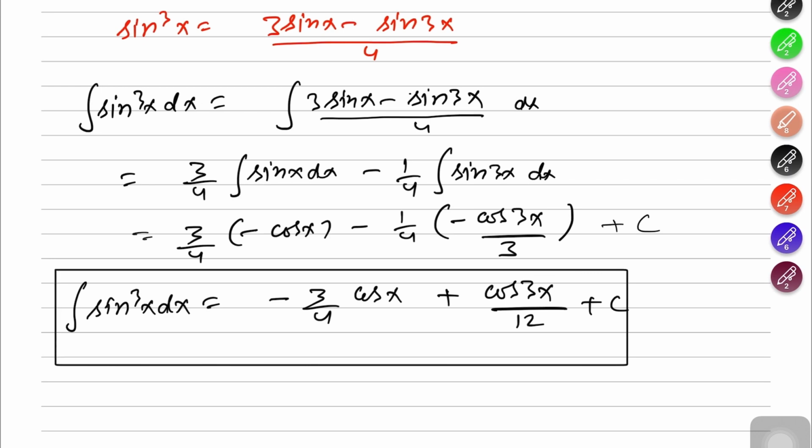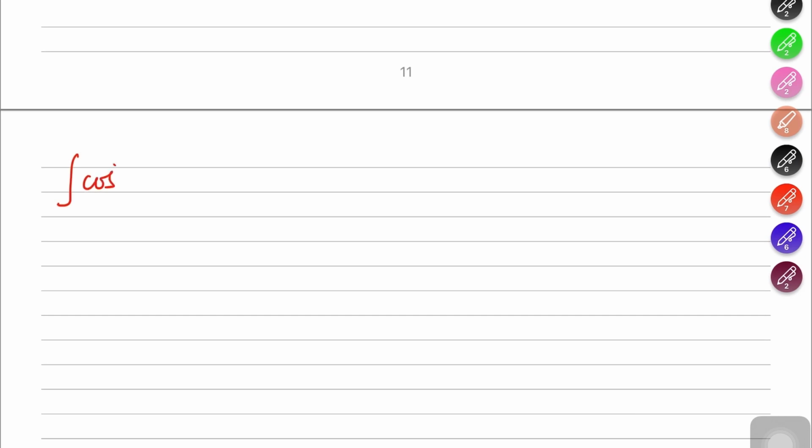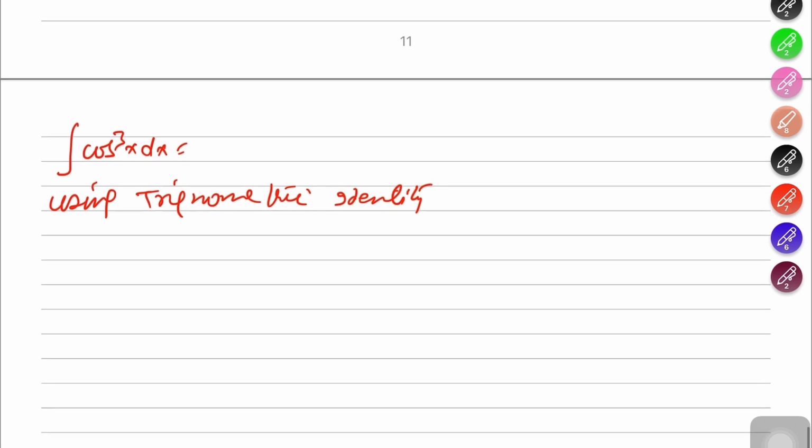Now let's see the integration of cos cube x. Again we have a trigonometric identity. Using the trigonometric identity, cos 3x is equal to 4 cos cube x minus 3 cos x.